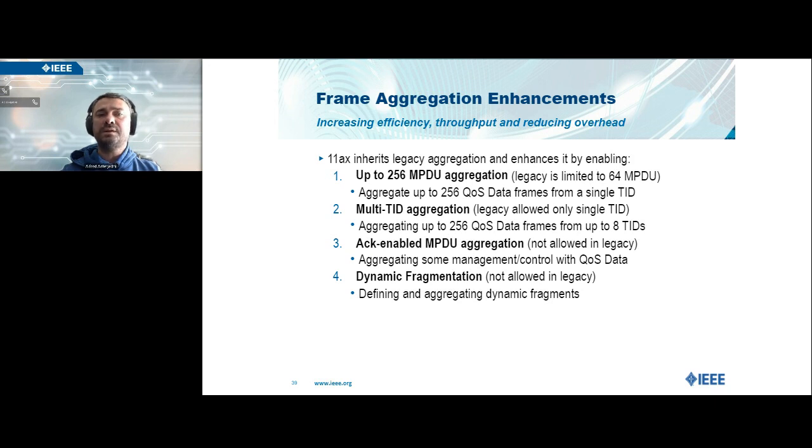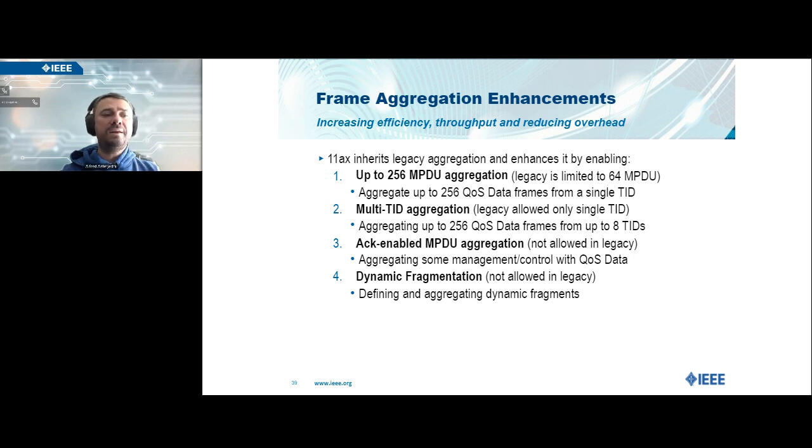And this is essentially for a single TID. We do allow multi-TID aggregation as well, which was a limitation in legacy that allowed only one single TID. So we can aggregate in the same A-MPDU data frames of up to 8 TIDs.